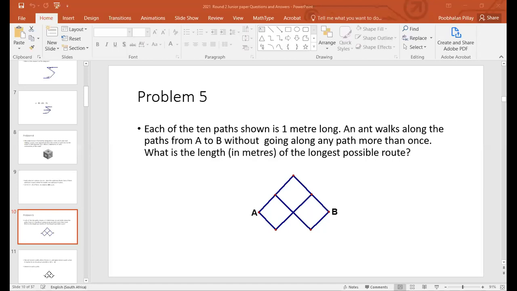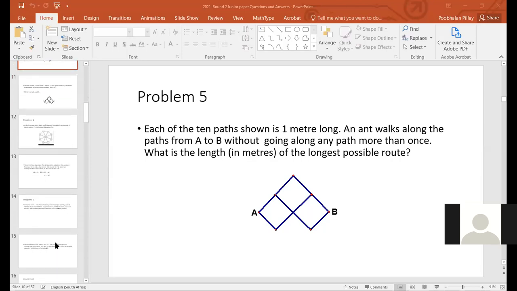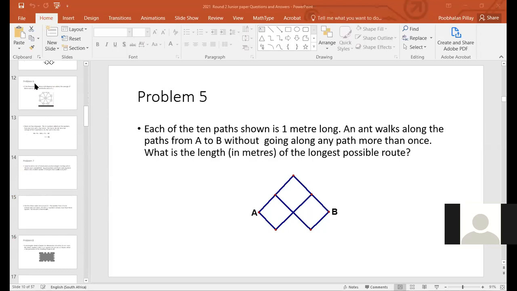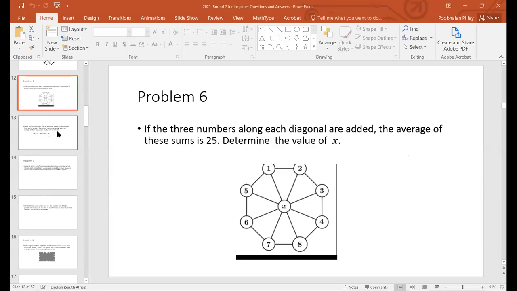Sir, I also can't see your screen right now. Okay, now can you see my screen? Yes. Right. Okay, so let's get on to the next problem. The next problem is problem number 6, which is saying... Wade, you have a question, Wade?